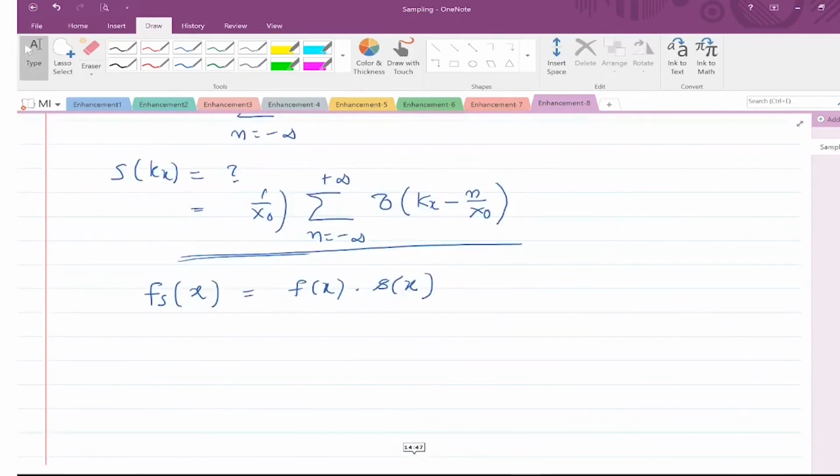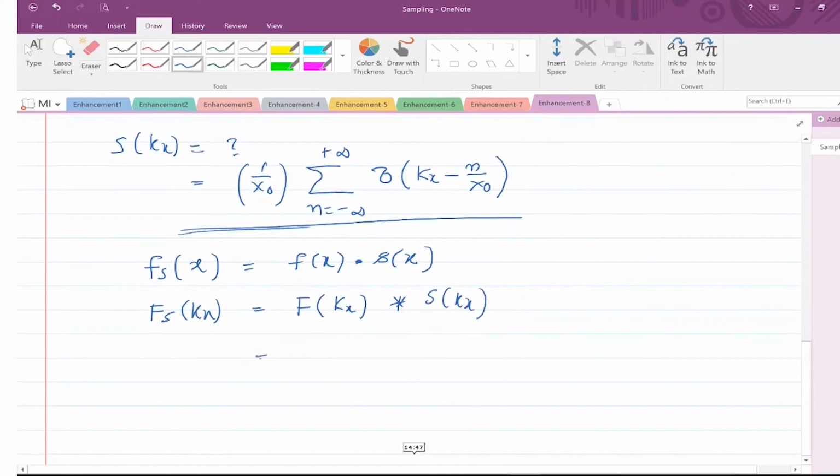Now you would like to look at it in the Fourier domain. Fs of kx would be, since multiplication in the spatial domain is equal to convolution there, f of k subscript x convolved with capital S of kx, is it not?